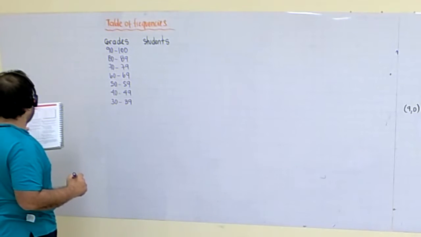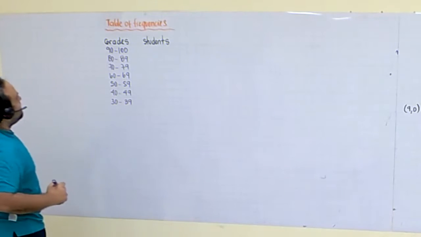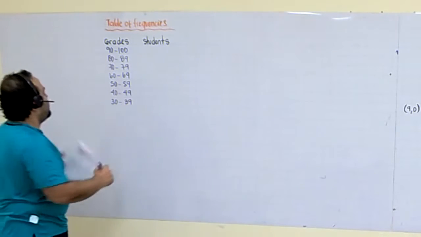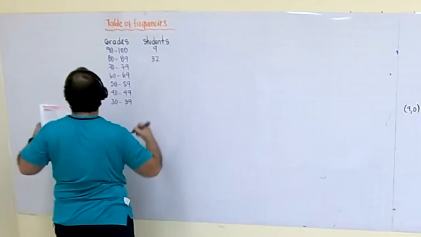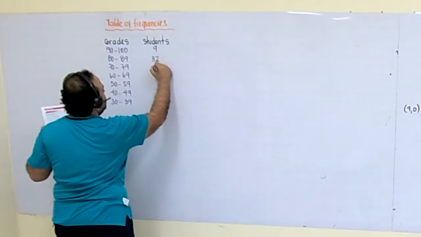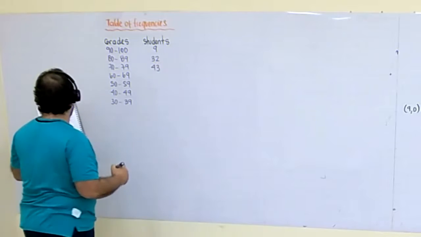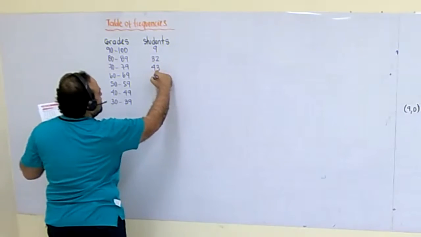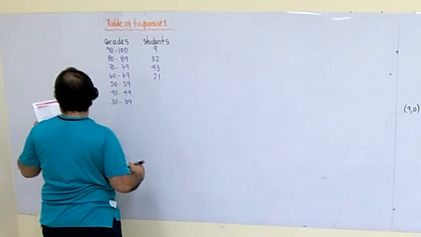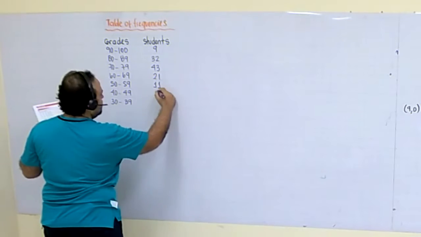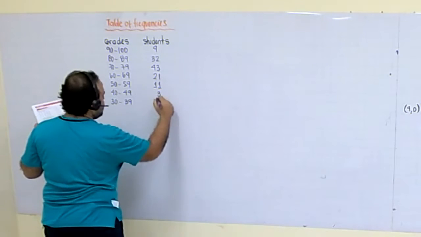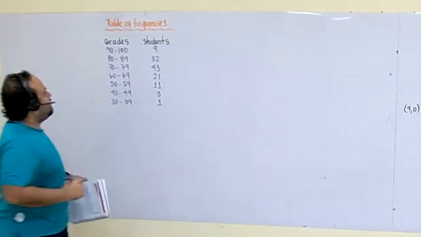And the quantity of students were 9, 32, 43, 21, 11, 3, and 1, all right?